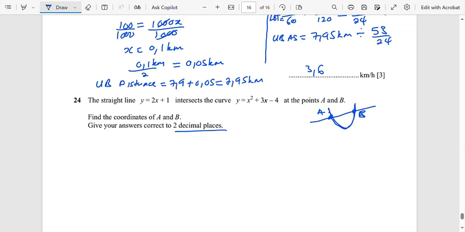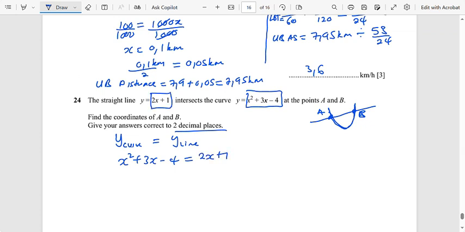So at the point of intersection, the y coordinate of the curve is equal to the y coordinate of the line. So the y coordinate of the curve is given by x squared plus 3x minus 4. So I'm going to say x squared plus 3x minus 4 is equal to the y coordinate of the line, which is given by 2x plus 1.